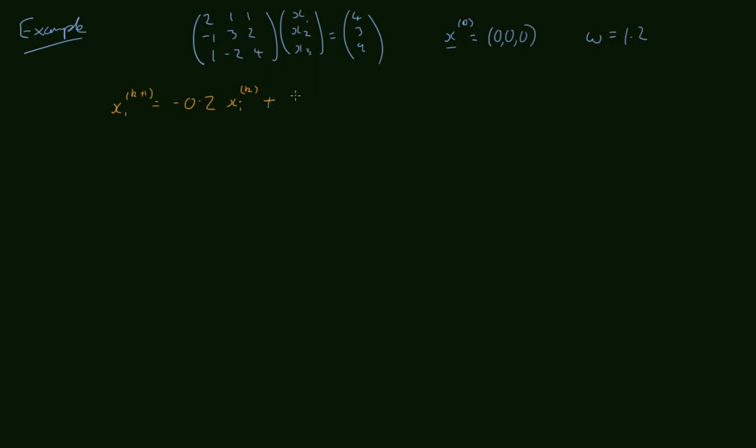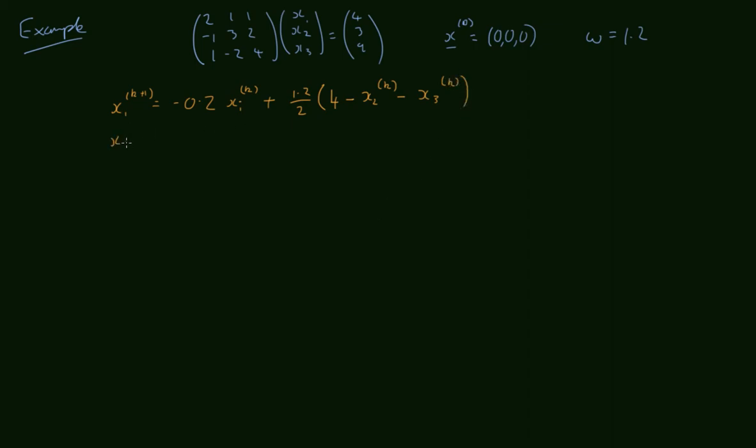This is plus omega divided by 2, which is the main diagonal element, and then essentially we've got the Gauss-Seidel method. So that's b1, which is 4, minus x2, and we haven't yet calculated that, so I'm using the current value, and similar for x3.